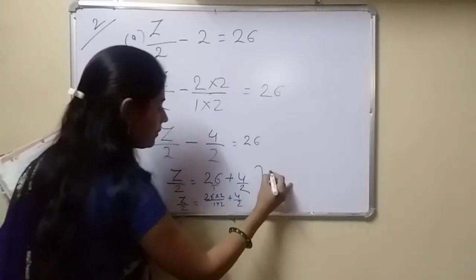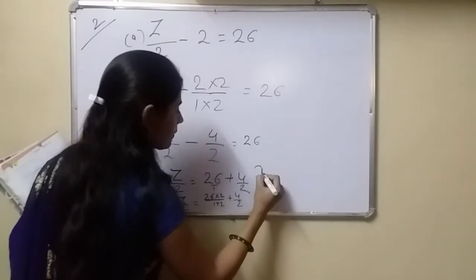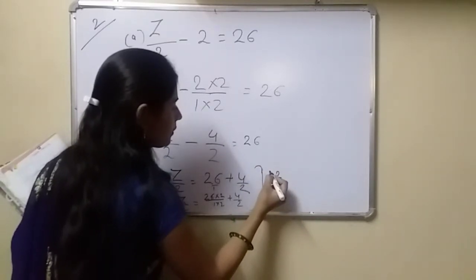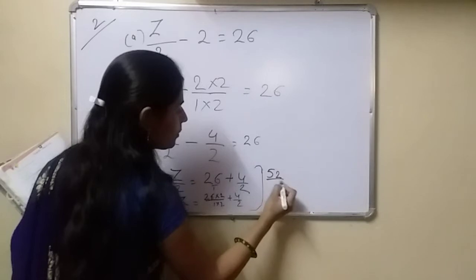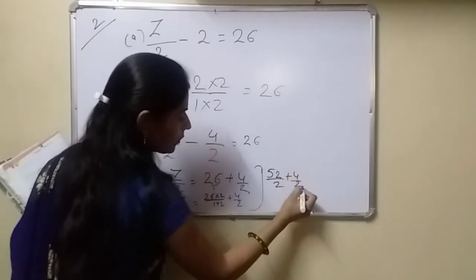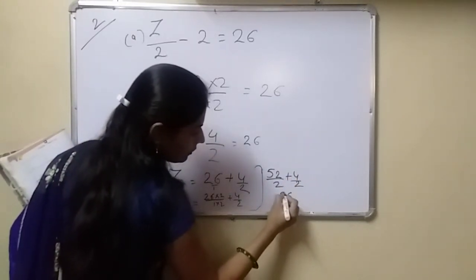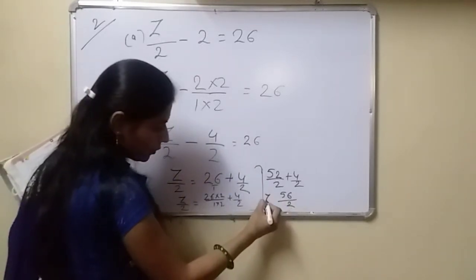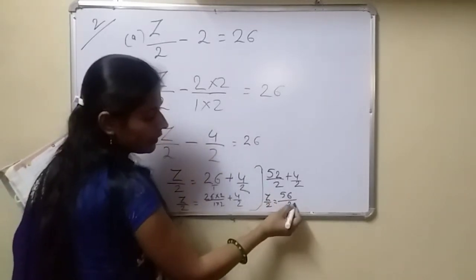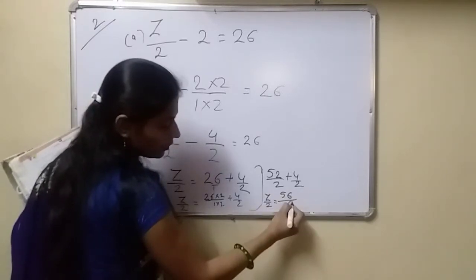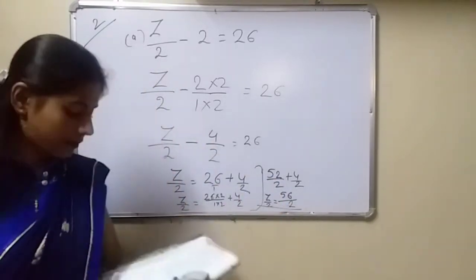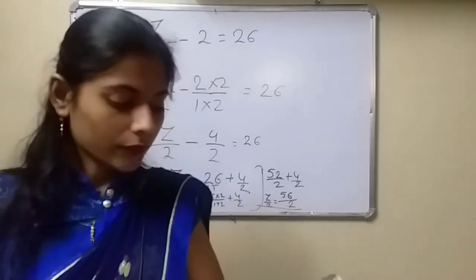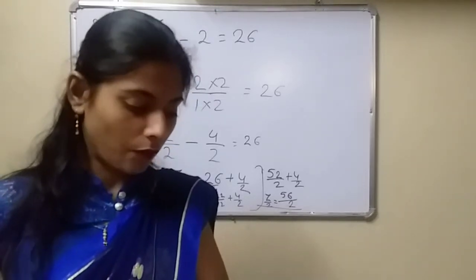It will become 52 by 2 plus 4 by 2, which is 56 by 2. You can write 56 by 2 or directly divide it, but there is no need to divide, you can directly write this. Now question numbers B and C are your homework.